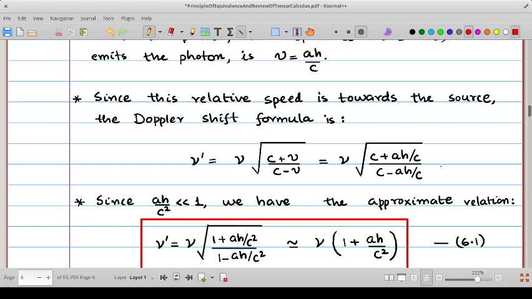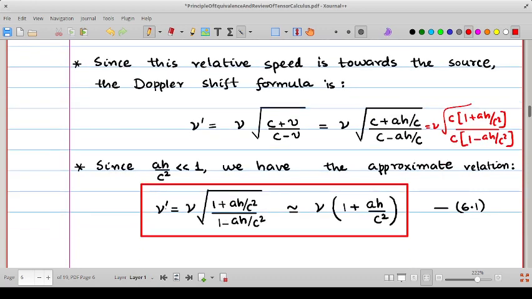So this can be written as nu times square root of, taking c out as common, c into (1 plus ah by c square) divided by c into (1 minus ah by c square). Cancelling the c, we get nu dash equal to nu times square root of (1 plus ah by c square) by (1 minus ah by c square).